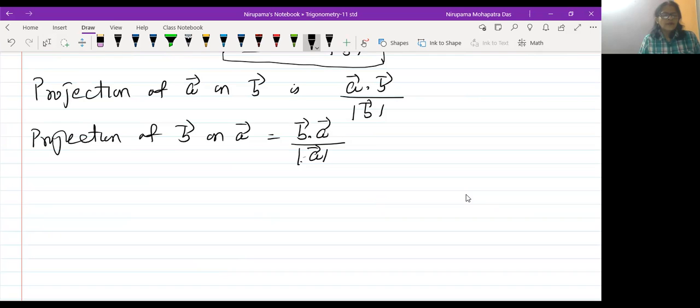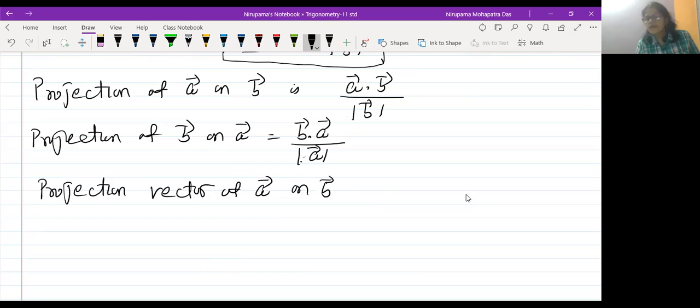But if it is the projection vector of A on B, what will it be? The projection is a scalar quantity, but the projection vector of A on B is basically the OM vector.